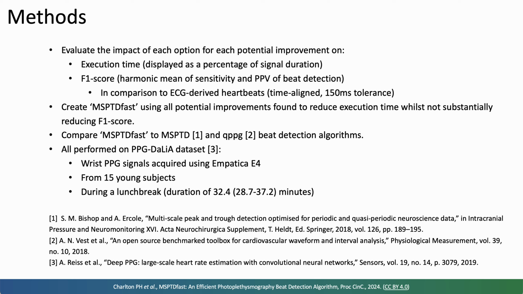We then compared this MSPTDfast to MSPTD and QPPG, and this was all performed on the PPG Dalia dataset, which contains wrist PPG signals from 15 young subjects during their lunch break.